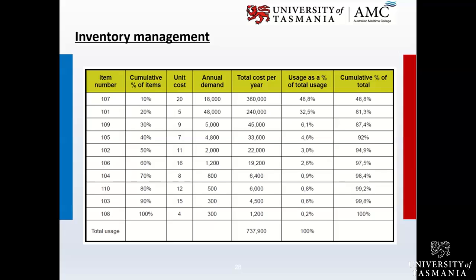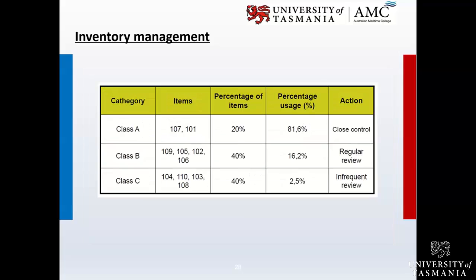The second step is to calculate the cumulative percent of items and the cumulative percent of total usage. Okay, we get this column, the cumulative items and the cumulative usage percentage. And then we can identify ABC items.